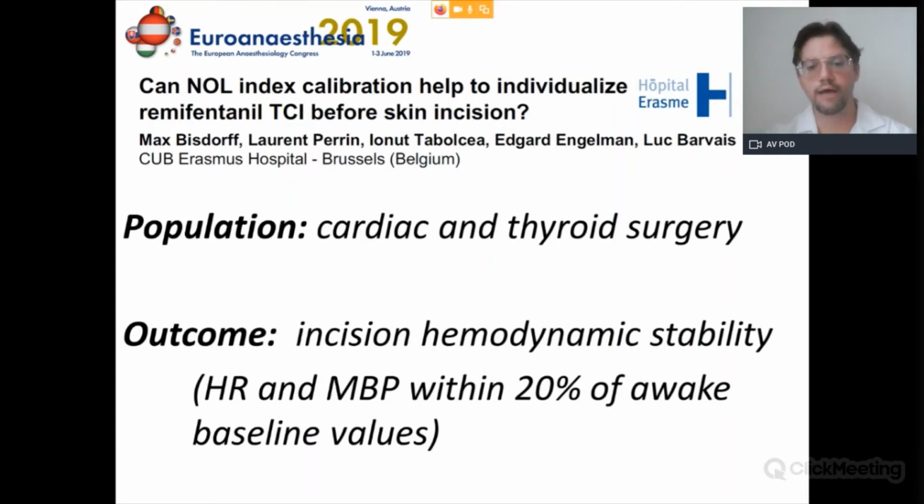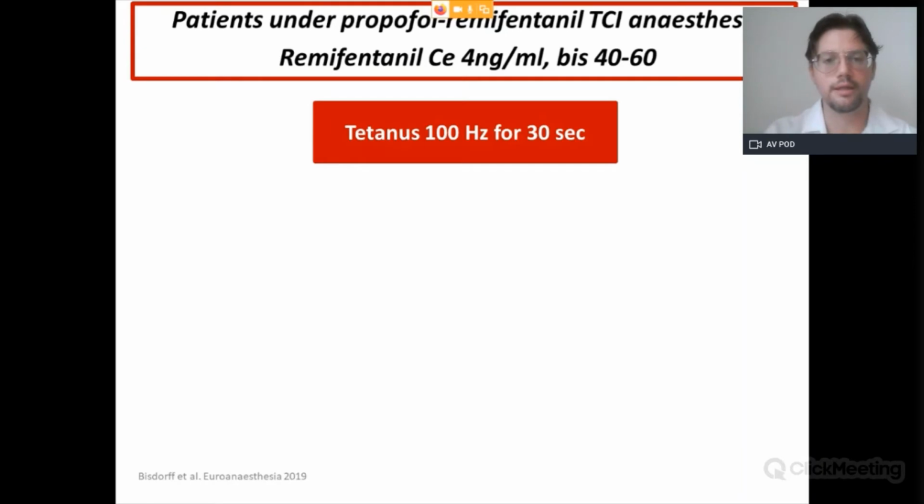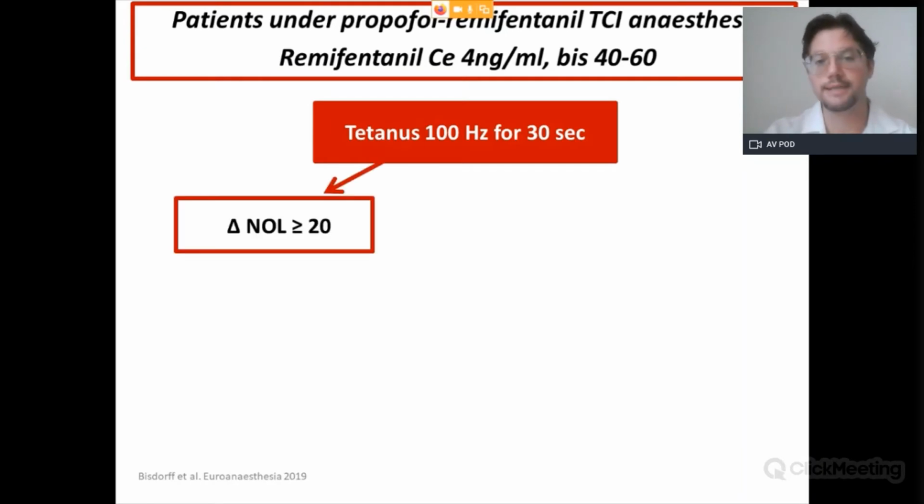The idea was to have hemodynamic stability defined as heart rate and mean blood pressure within 20% of the awake baseline values. Now, how did they go about doing this? They applied remifentanil propofol anesthesia and maintained remifentanil at 4 nanograms per milliliter and the BIS between 40 and 60. They applied a tetanic stimulation and assessed the change.